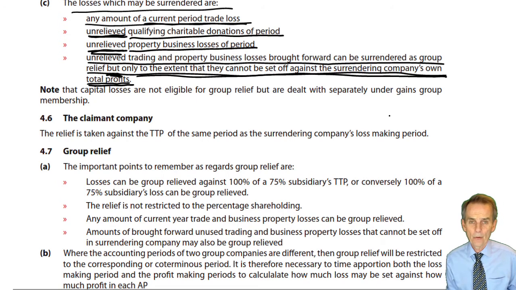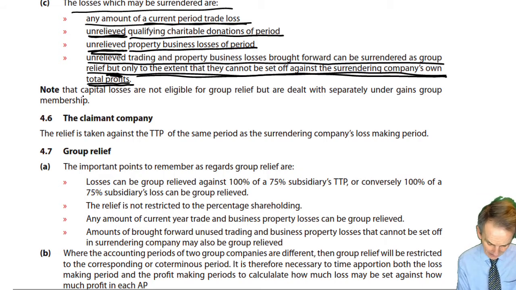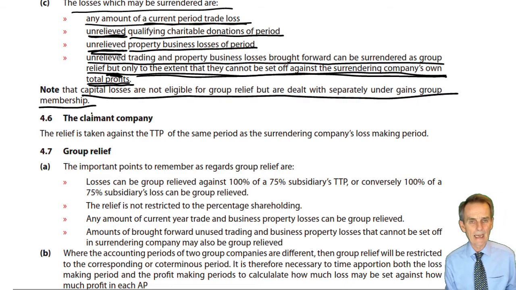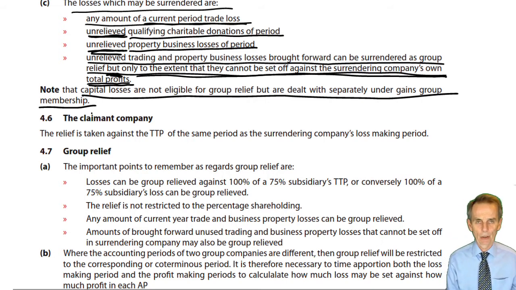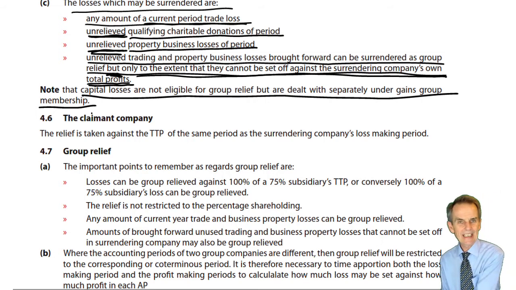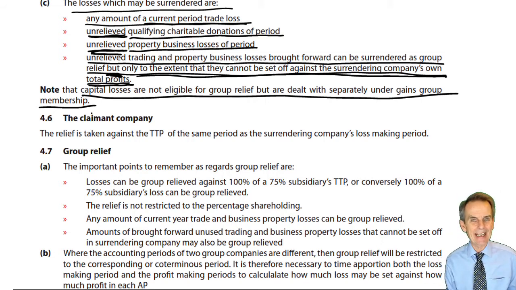In our original discussion of what losses were available to be group relieved, we mentioned that capital losses are not eligible for group relief, but are dealt with separately under what we call gains group membership. It will effectively mean that we could take a capital loss out of one company for the current period and relieve it against gains made in any other gains group members.